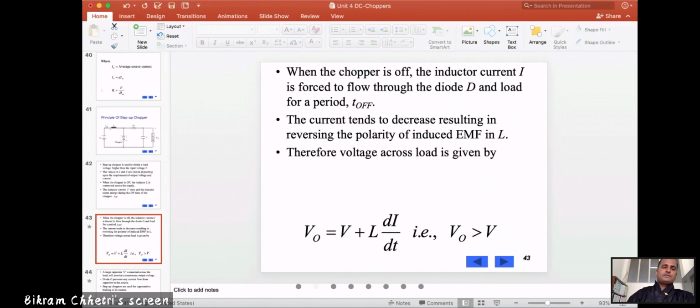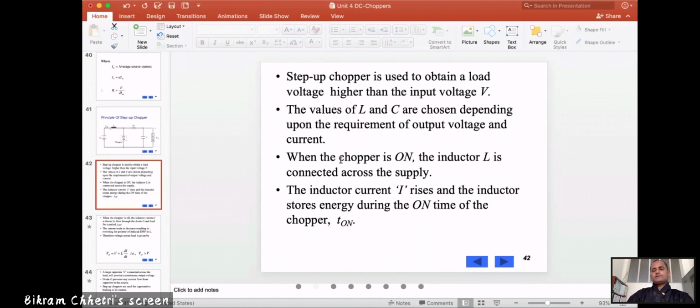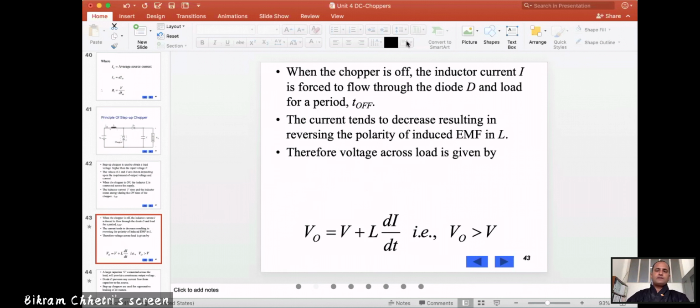During the on period, the inductor stores the energy; during the off period, it flows through the diode and the load. The current tends to decrease, resulting in a reversal of the polarity of the induced EMF in L.